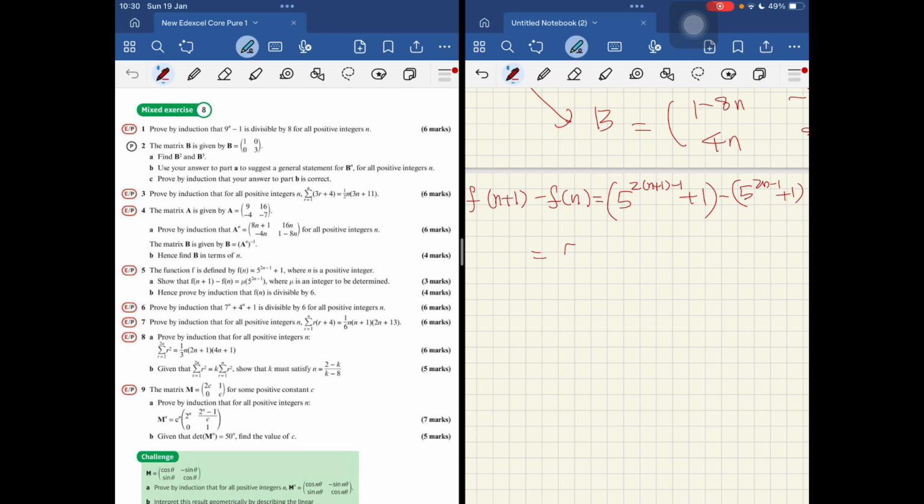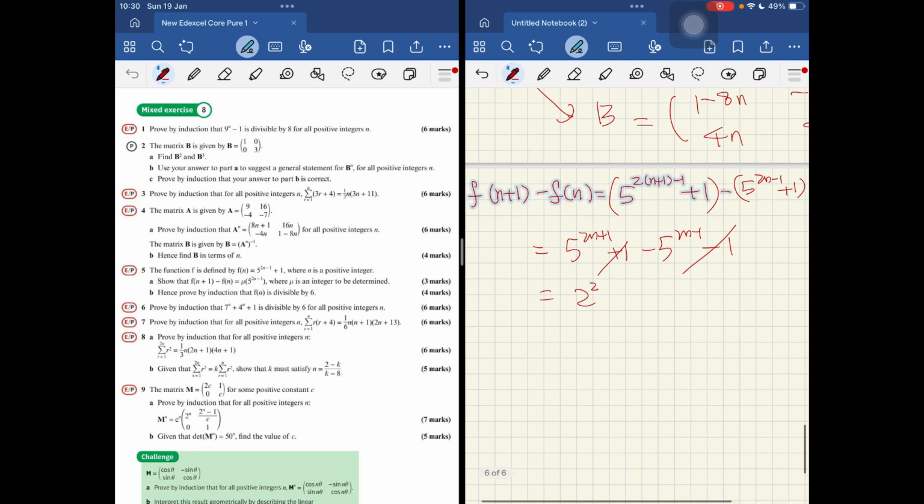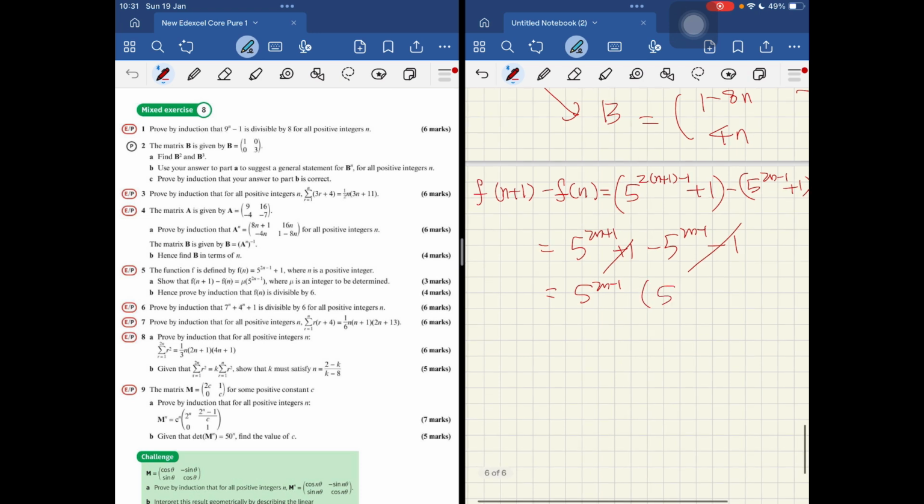So 5^(2n+1) plus 1 minus 5^(2n-1) plus 1, no, I mean minus 1. So the smaller one, 5 to the power of 2n minus 1, is smaller. Then now we have 5 to the power of 2 minus 1. So 24 times 5^(2n-1).